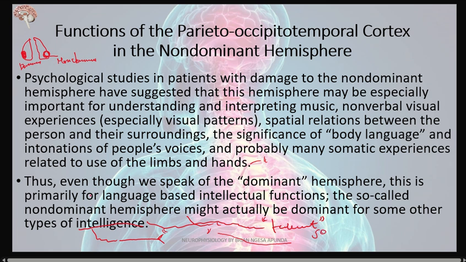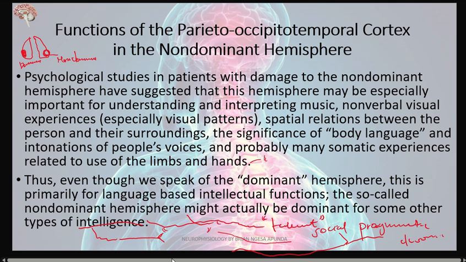We have a disease by the name social pragmatic disorders. So if you have this disease, you are not able to read the mood of individuals, maybe the mood of the class. You are not able to read the mood of an individual or some facial expression.